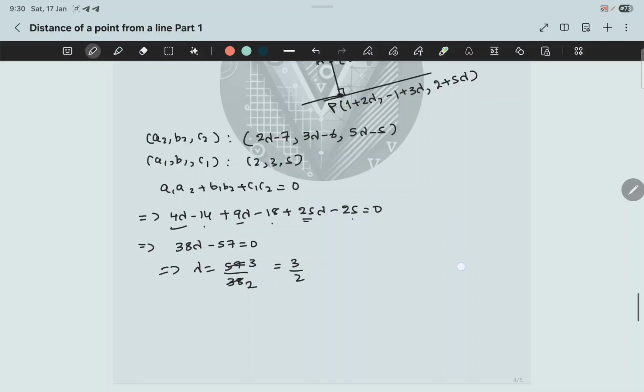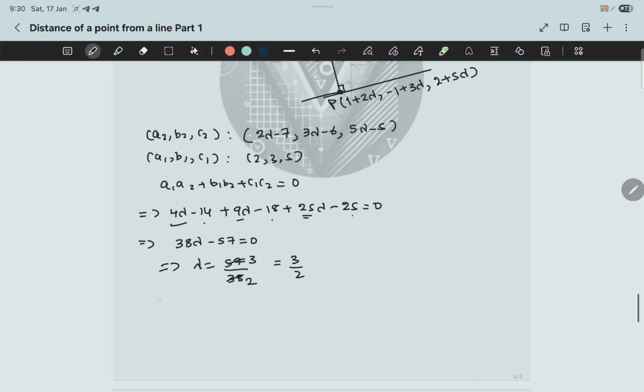So now point P will be 1 plus 2 lambda, that is 1 plus 3, 4, minus 1 plus 3 lambda, so that will be 3 into 3 by 2 is 9 by 2, minus 1 will be 7 by 2. Next we have 2 plus 15 by 2, so that will be 19 by 2.